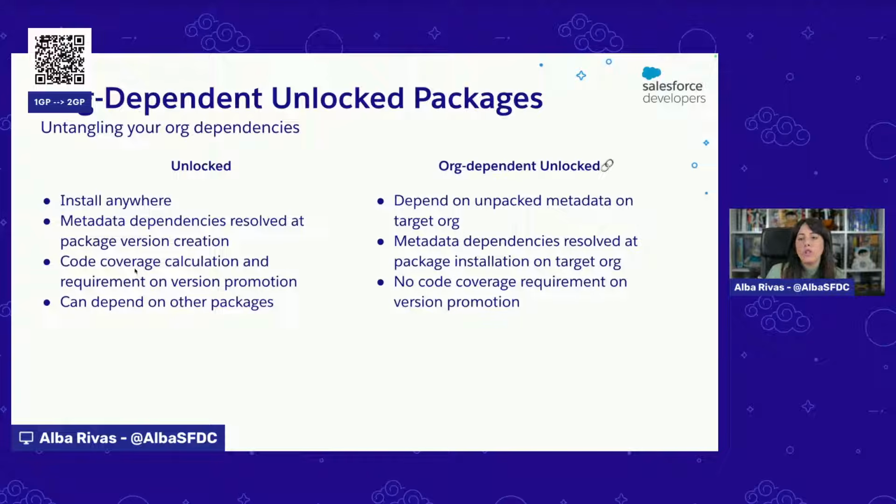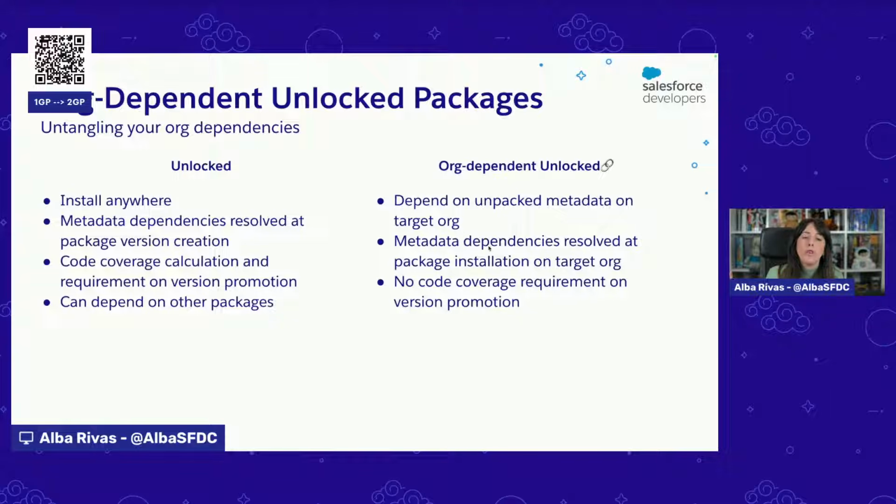Also, you have to take care of code coverage calculation, because when you create a package version with regular unlocked packages, if you want to promote the package, you need to run it with a flag that executes your tests and ensures that code coverage is greater than 75%.